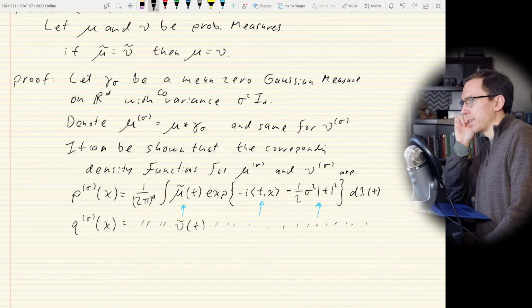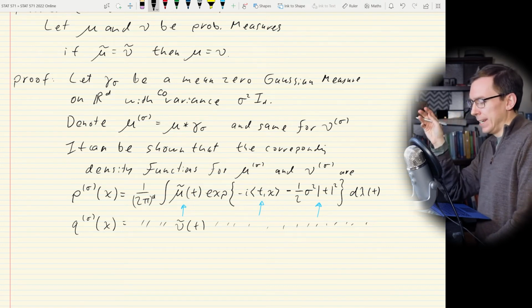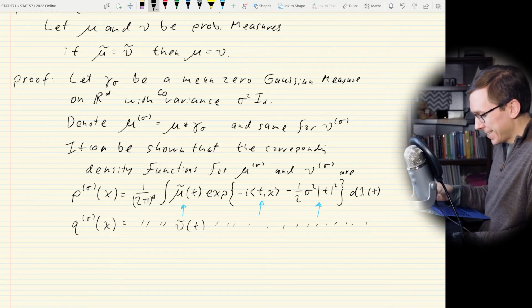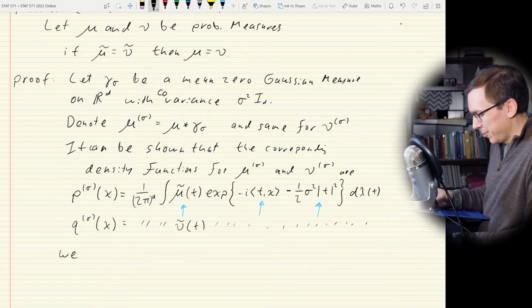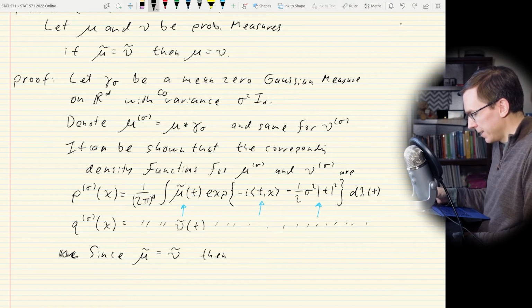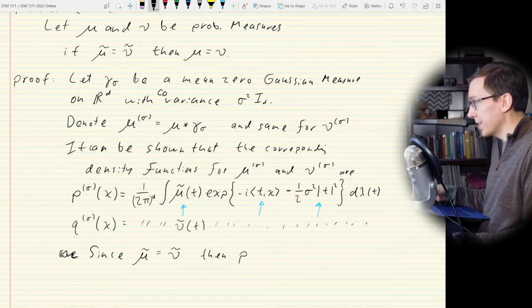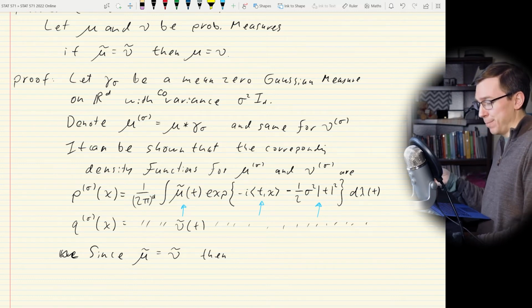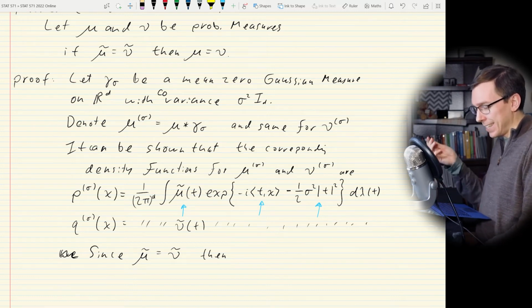So there's really no difference between the two lines, except that I have these two things. Well, that's pretty cool, because since mu tilde coincides with nu tilde by assumption, these two density functions coincide, because mu tilde and nu tilde are exactly the same thing.